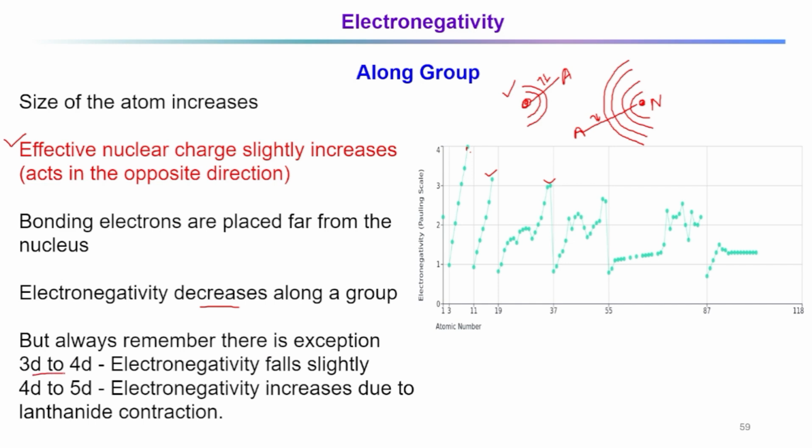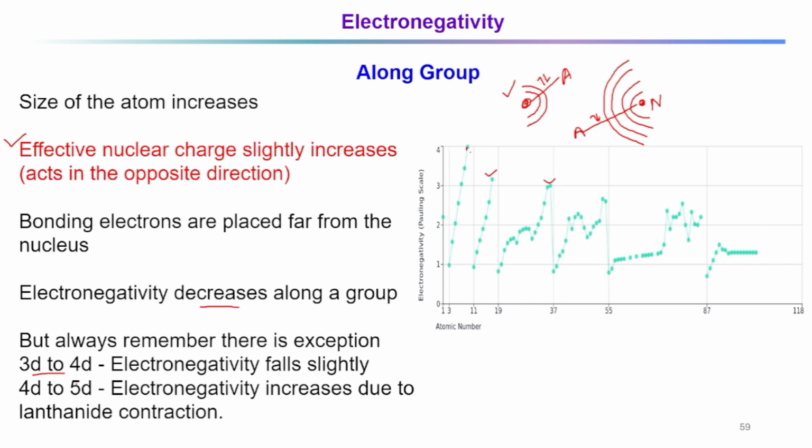So 3D to 4D electronegativity falls slightly, but 4D to 5D electronegativity increases due to lanthanide contraction. So along the group, the electronegativity should decrease, which is happening from 3D to 4D, but from 4D to 5D, the electronegativity is actually increasing because of the lanthanide contraction.